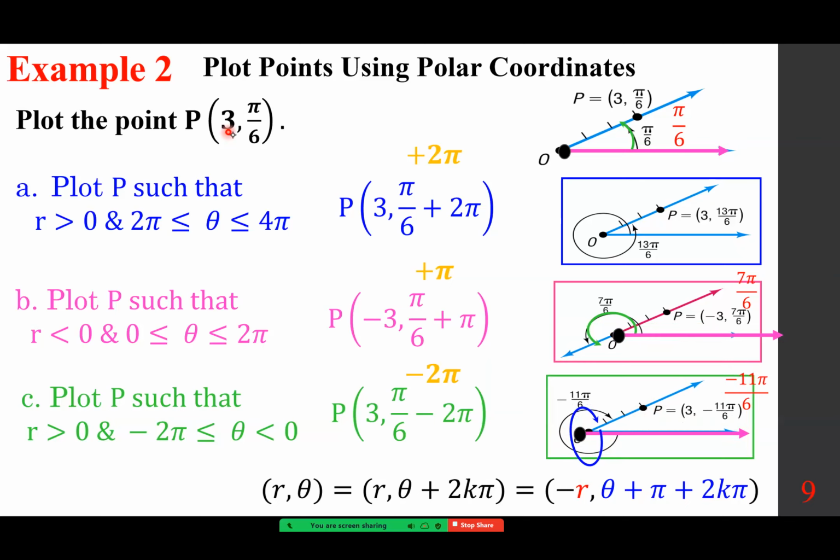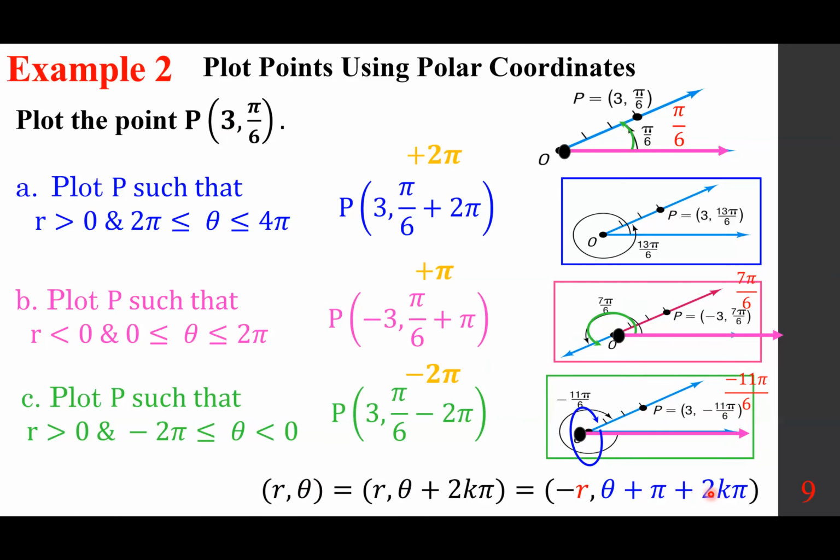That gives you the same spot. So minus 11 pi over 6, and this is the pair, 3 comma minus 11 pi over 6. The point being, a rectangular coordinate system has a unique representation of a point, but a point in the form of a polar coordinate has infinitely many different ways to be represented.